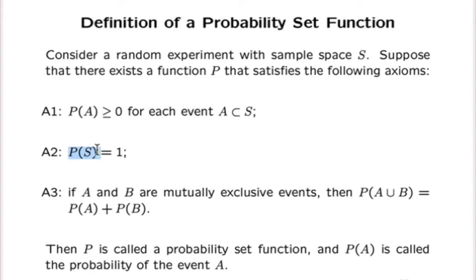Axiom 2 says that if we evaluate this function P on the sample space of the experiment, then the real number that it evaluates to is 1.